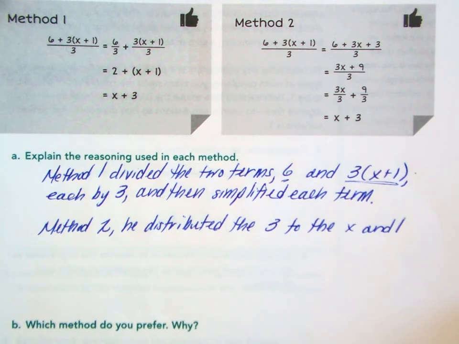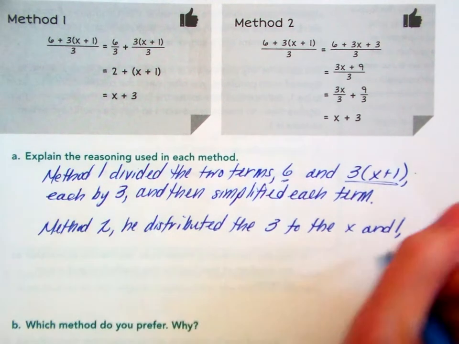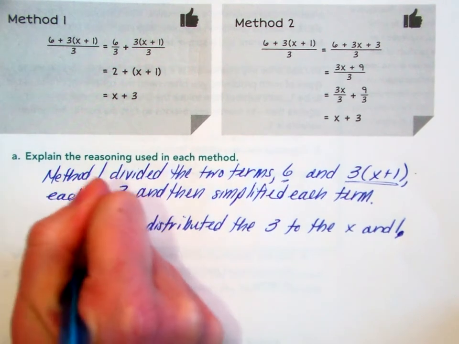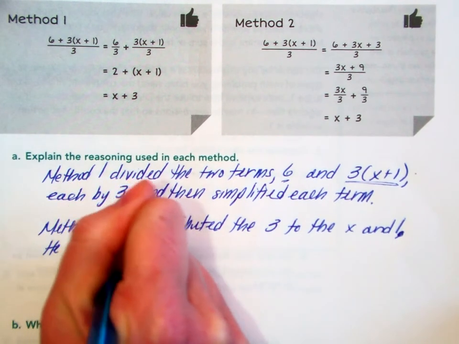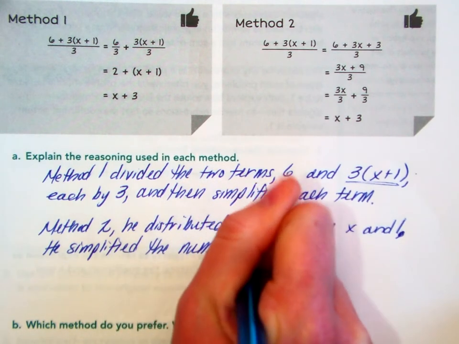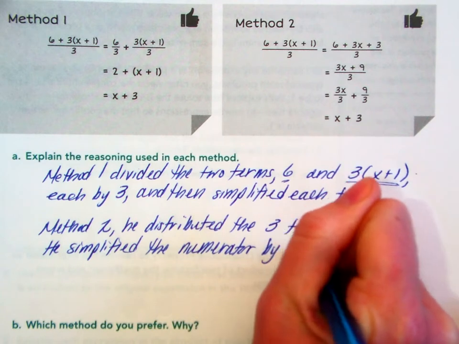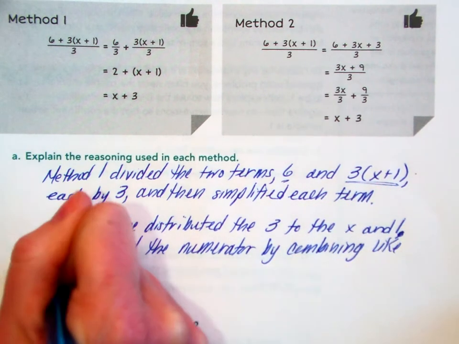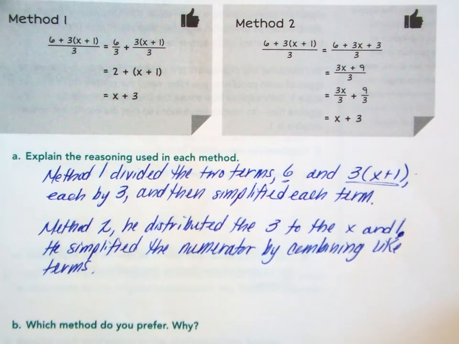He simplified the numerator by combining like terms. Let's make that period. And then divided each remaining term in the numerator by 3.